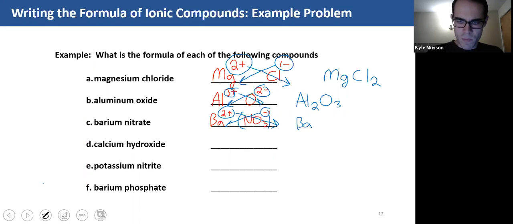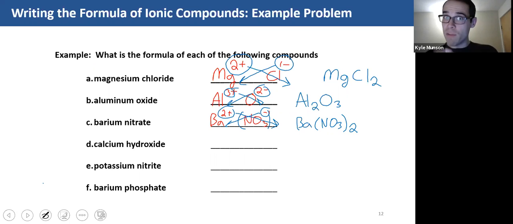So barium, NO3, that's the polyatomic anion in parentheses, and the 2 goes on the outside. And I'll have you check to see if the charges are balanced there and net neutral. All right, so when you pause the video, do these 3 remaining examples, and then I'll put down the answers, and we'll see if we got the right answer.